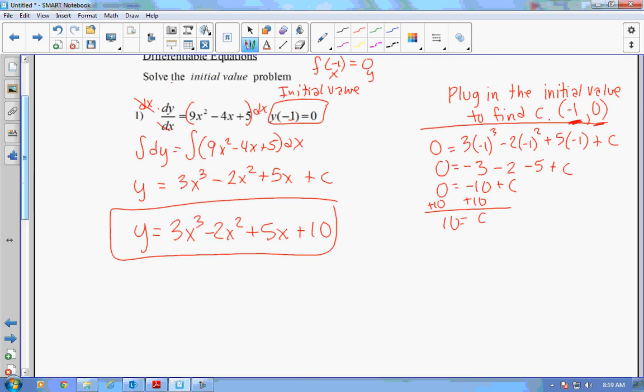Increase the power, divide by the power. What are these problems? Not problems. What are these equations?